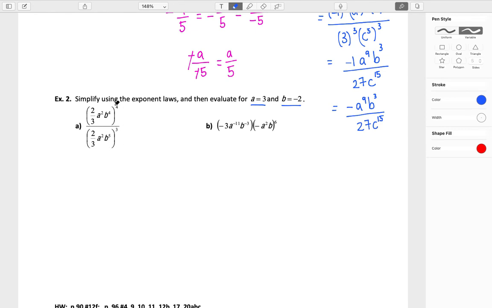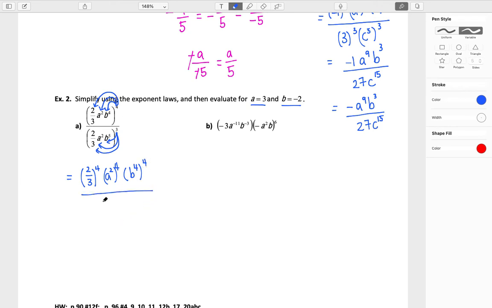So what I'm going to do is apply the exponent to each different variable: to the b, to the a, and to the 2/3. So let's start. We have 2/3 to the 4, a squared to the 4, b to the 4. That's the numerator.